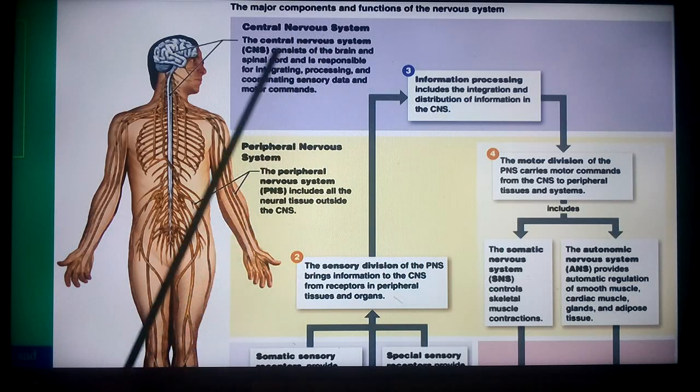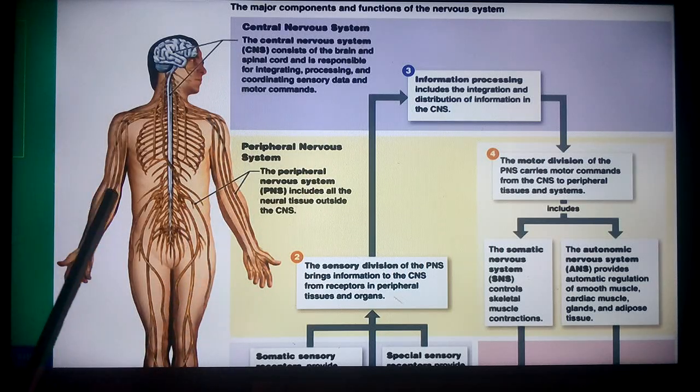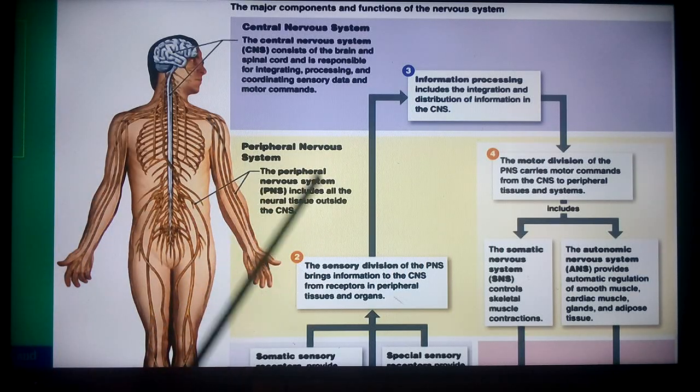It is just like a processing unit of the body, whereby we see this dissemination and coordination of information.